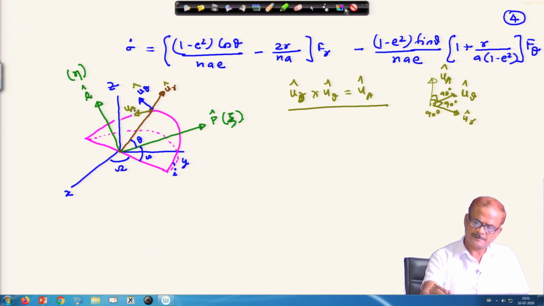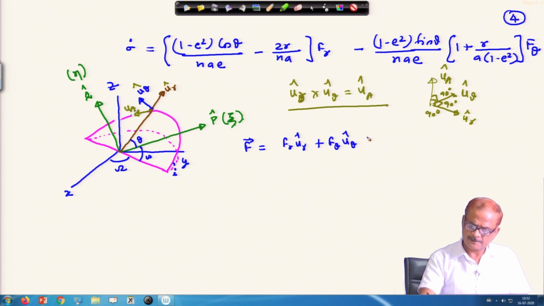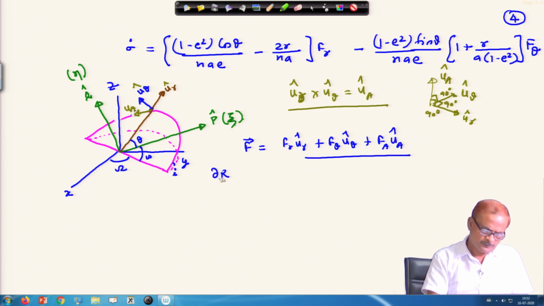And then what we were trying to do is that we wrote f as f r u r cap, f theta u theta cap, and f a u a cap, and dou r by dou C j.